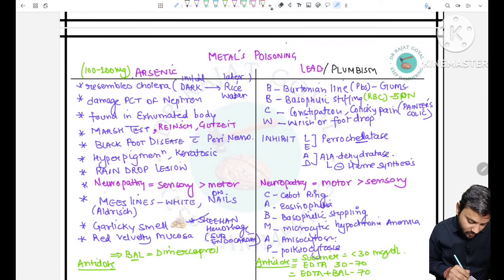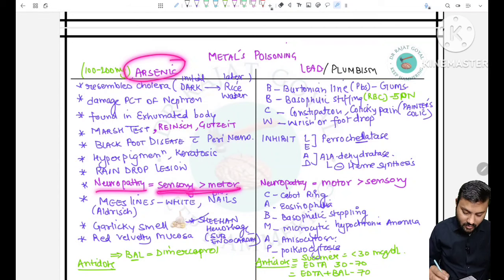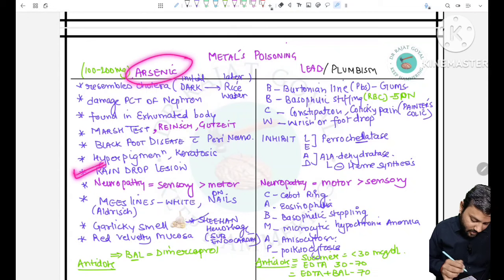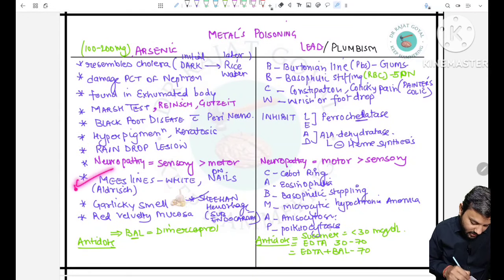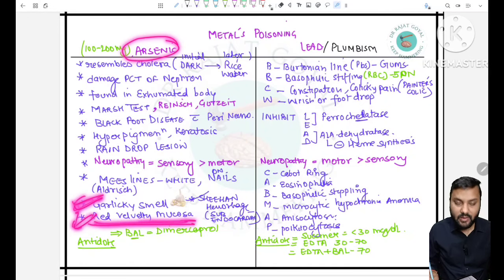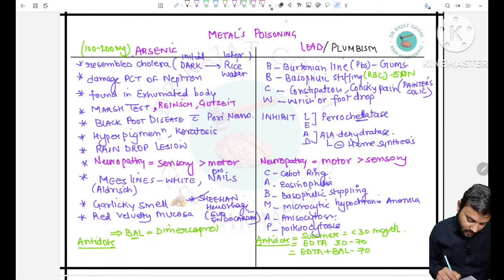And the neuropathy in the cases of arsenic is mainly a sensory neuropathy greater than the motor. But we have to remember that in lead, the neuropathy is only the motor, which is greater than the sensory neuropathy. And in arsenic, we can see the raindrop pigmentation, Aldrich-Mees line, and the smell will be garlicky in the case of arsenic poisoning, and the red velvety mucosa will be there if it is seen in the postmortem reports.